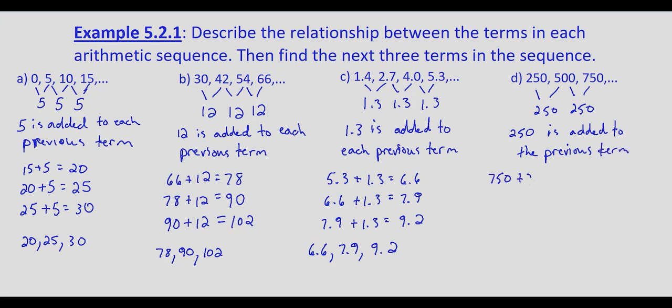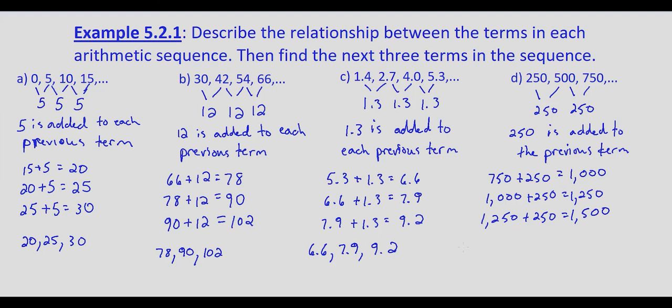And so we have 750 plus 250 equals 1,000. 1,000 plus 250 equals 1,250. And then 1,250 plus 250 equals 1,500.